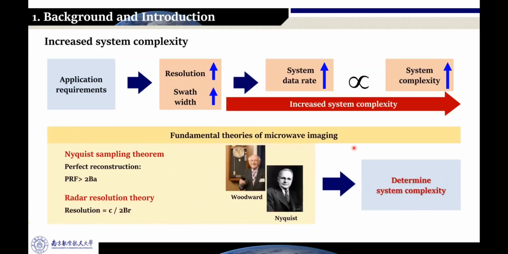Two fundamental theories for microwave imaging, the Nyquist sampling theory and radar resolution theory, dictate the system complexity. Therefore, it is necessary to explore new methods to address this issue.